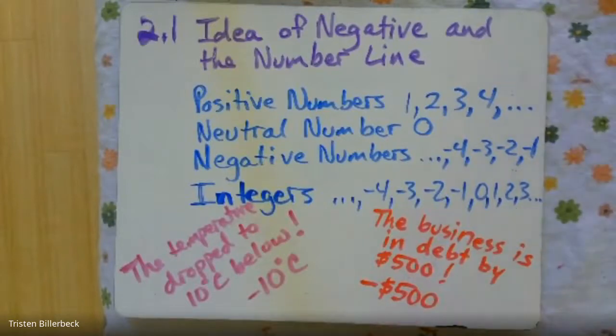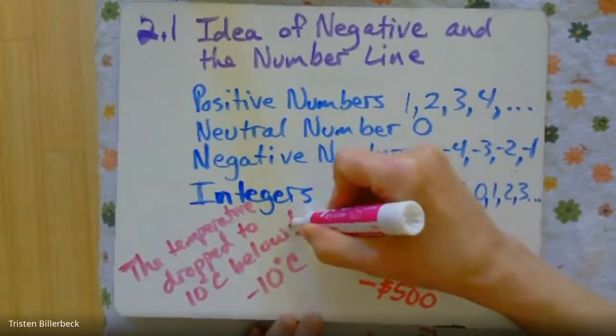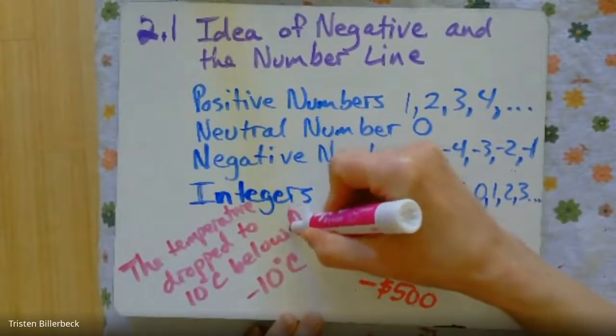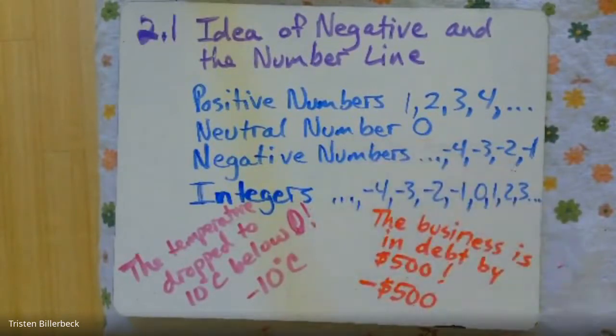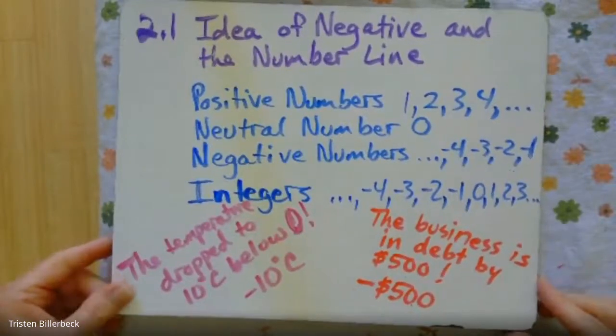Okay, that probably should say below 0. Or, the business is in debt by $500. That would be -$500 on the books. So that is a way we might want to think about negative numbers.